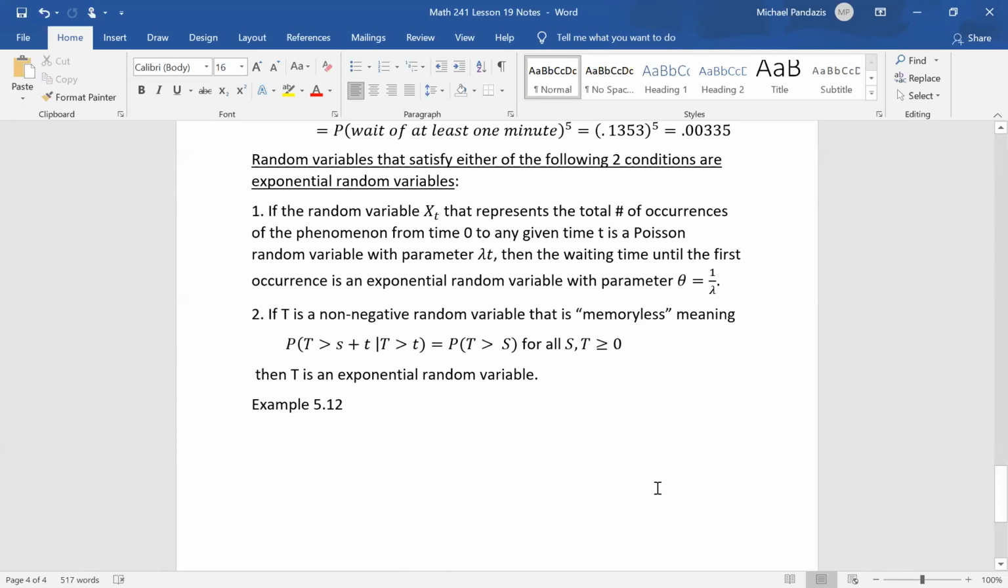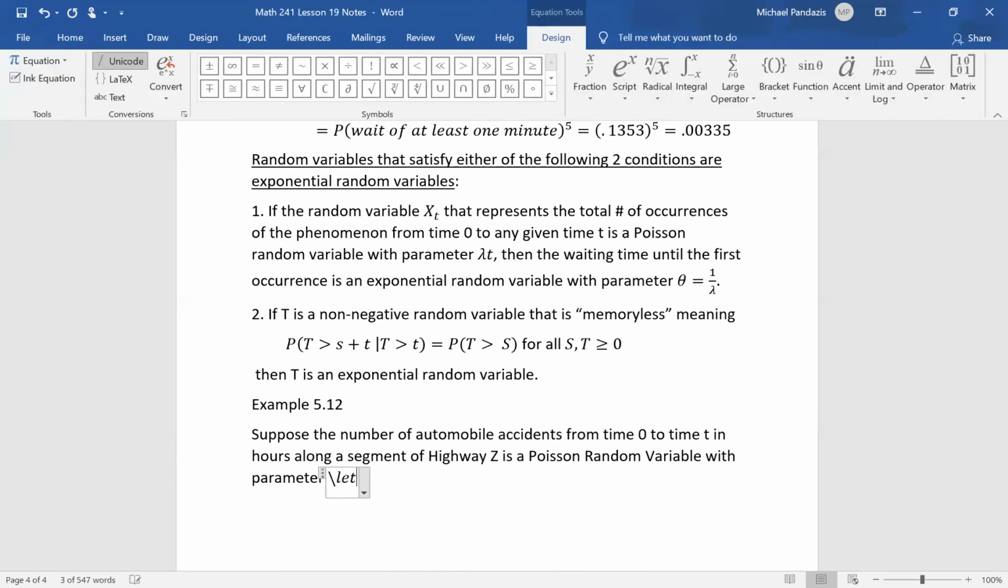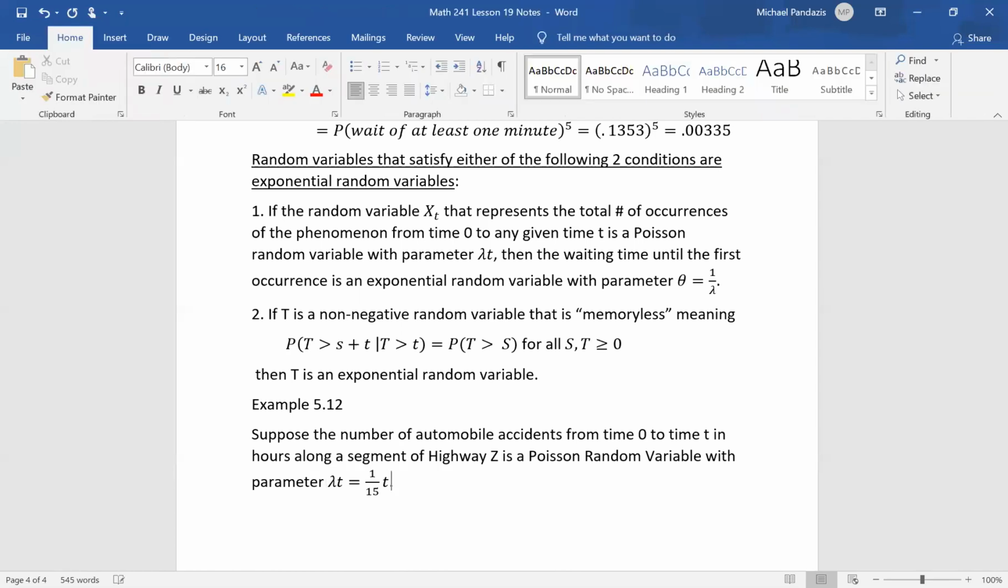Okay, so let's do the example. Example 5.12. Suppose the number of automobile accidents from time 0 to time t in hours along a segment of highway Z is a Poisson random variable, which I decided to capitalize, with parameter lambda t equal to 1 over 15 t.